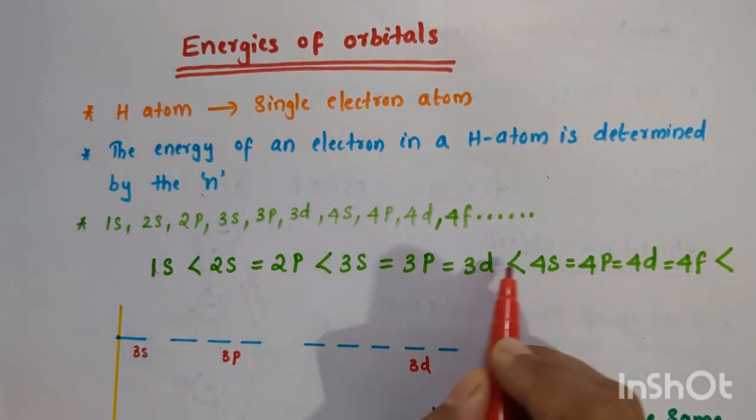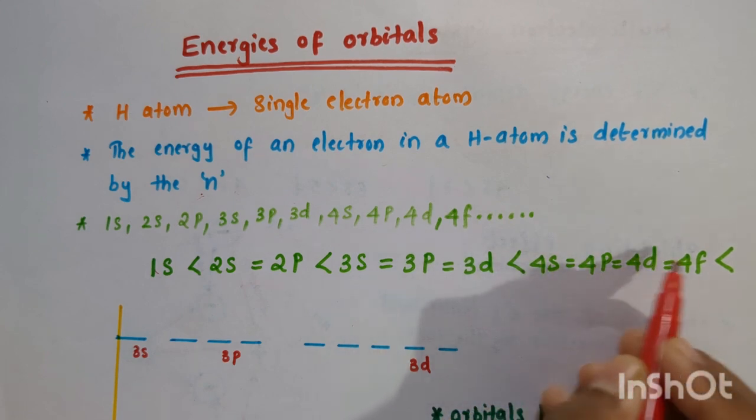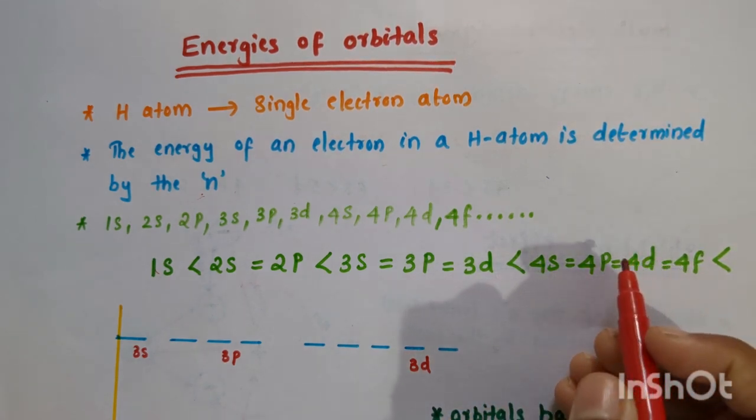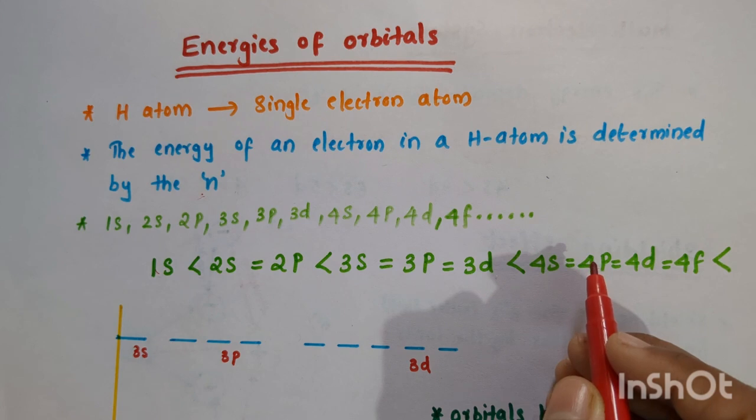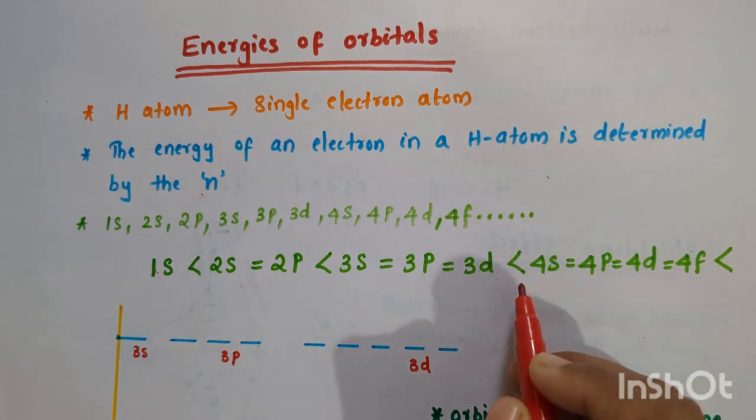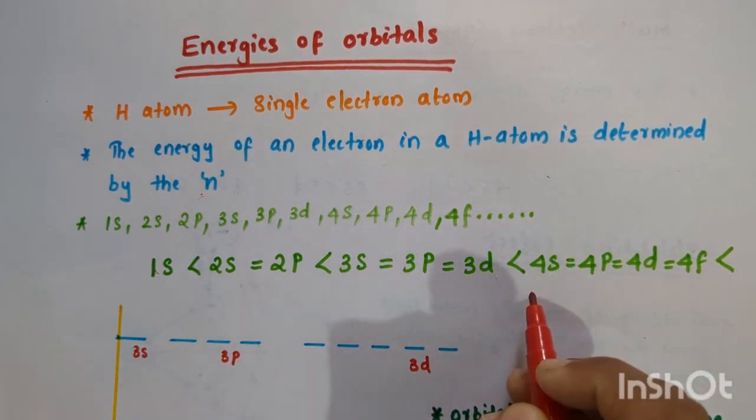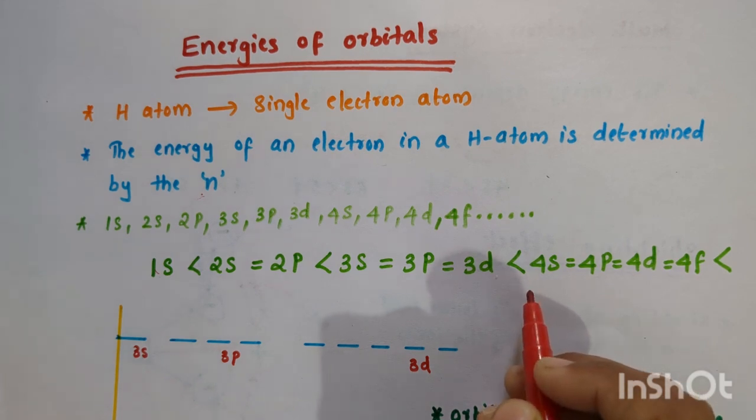And this energy is less than that of 4s, 4p, 4d and 4f, which are actually equal. That is, in a hydrogen atom, the energy of the orbitals increases with the principal quantum number.